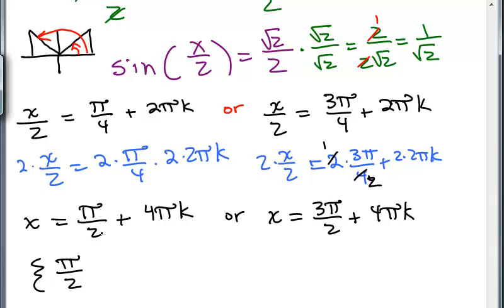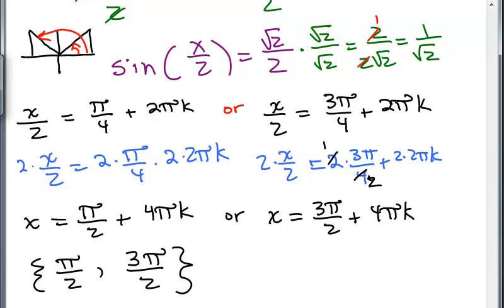So that's the only one I can get from this first equation. All right, let's look at the second equation. I've got the 3 pi over 2, which is certainly less than 2 pi, so that's listed. And again, if I add 4 pi, I'm already over 2 pi. So in this case, there happen to only be 2 solutions.